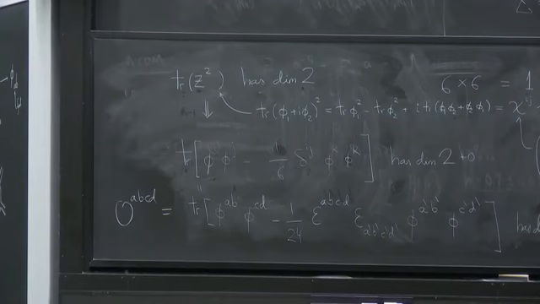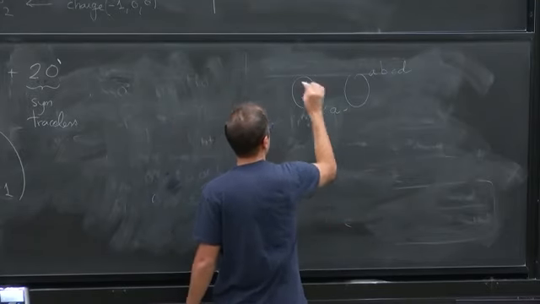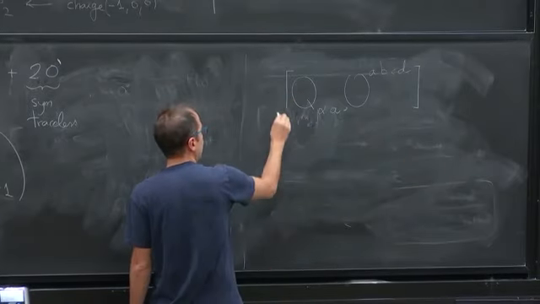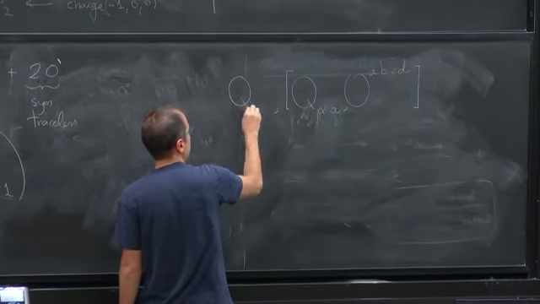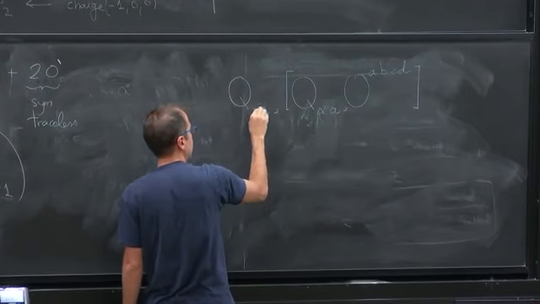So let's act first with a Q that eats the index A and gives an index alpha. Right? So we act with this Q. Then let's act with a Q that takes the index B and will give an index beta.